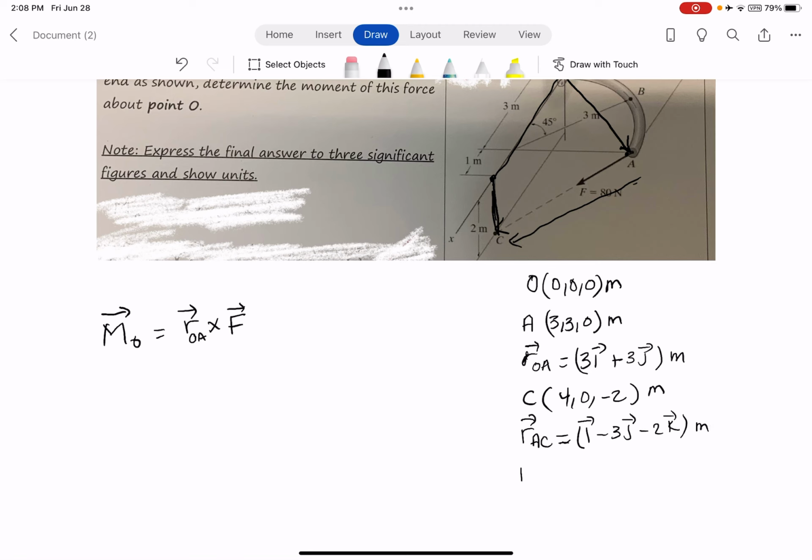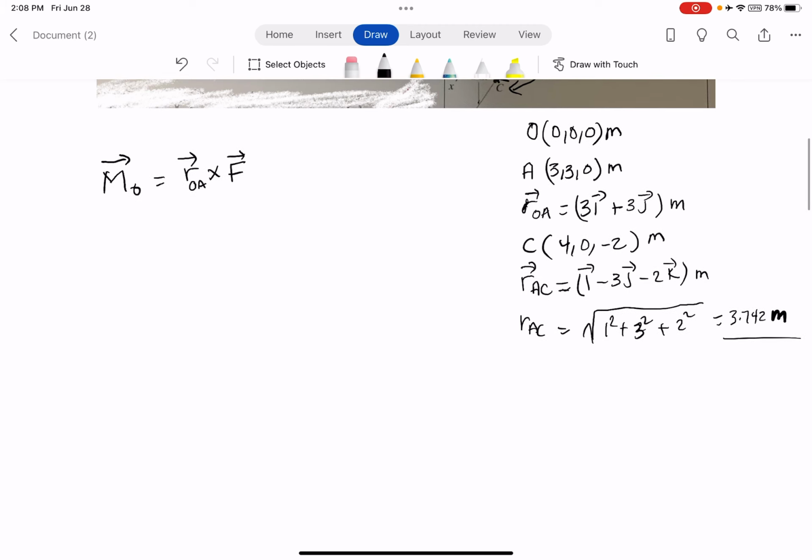Let's find the magnitude of r AC, because we need the unit vector of that position vector. 1 squared plus 3 squared plus 2 squared: 1 plus 9 plus 4 is 14, square root of 14, that is 3.742 meters. That is the magnitude of r AC.